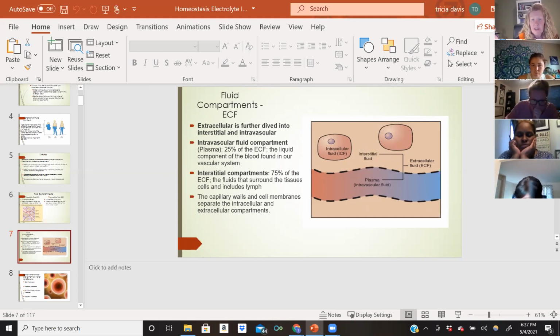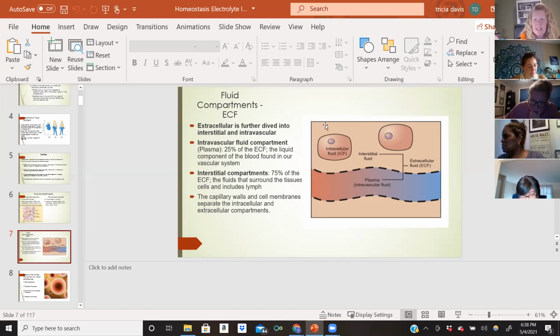So extracellular is divided into interstitial and intravascular because you have cells inside and outside of the plasma. So outside of the plasma, in this interstitial area, we have cells, okay?